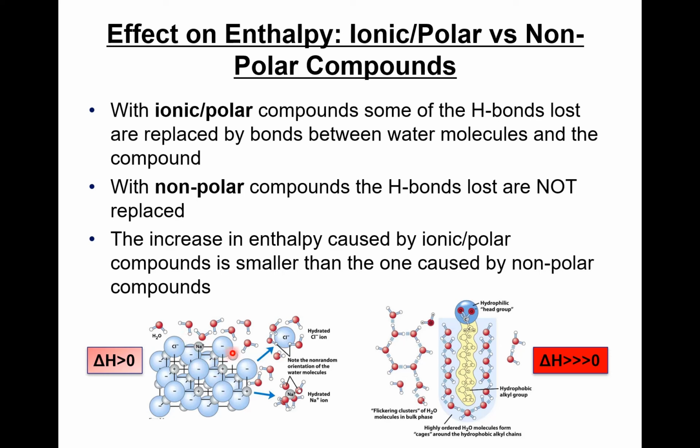You put sodium chloride, the sodium and chloride ions separate, and they are surrounded by water molecules. This is referred to as solvation, when the solvent molecules surround any molecule in there. So what happens there is that, of course, ionic and polar molecules reduce the number of hydrogen bonds that these water molecules could form, right?